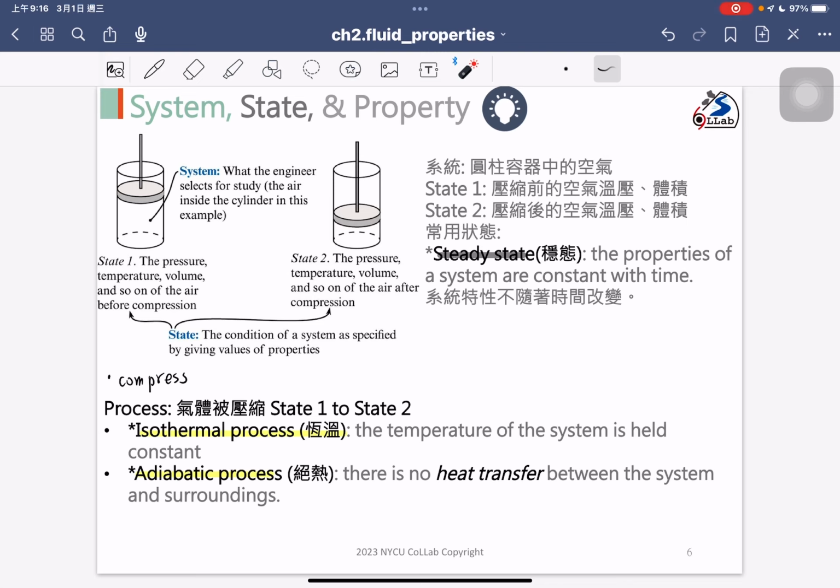So sometimes when we describe the system, we should define the state. For this example, we know the process is compression, with state 1 before compression and state 2 after. I should define the state, maybe the steady state, the isothermal process or the adiabatic process, and then I can deal with how the physical properties change.